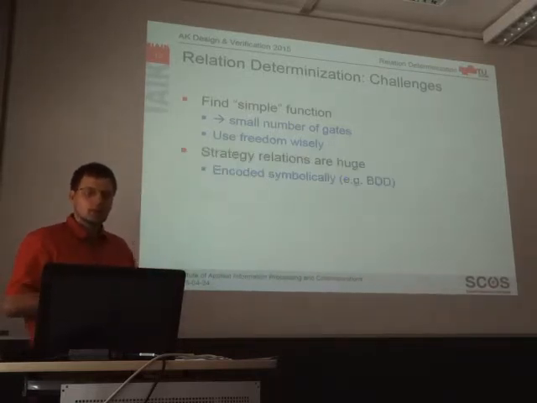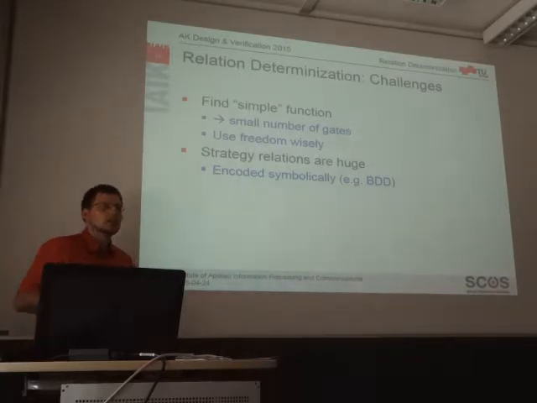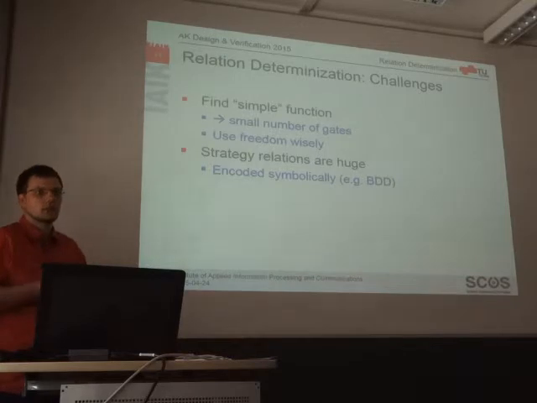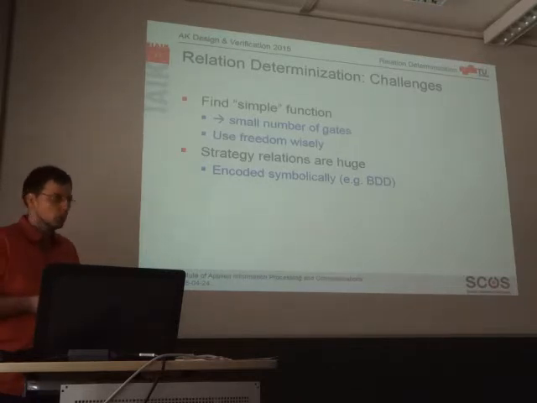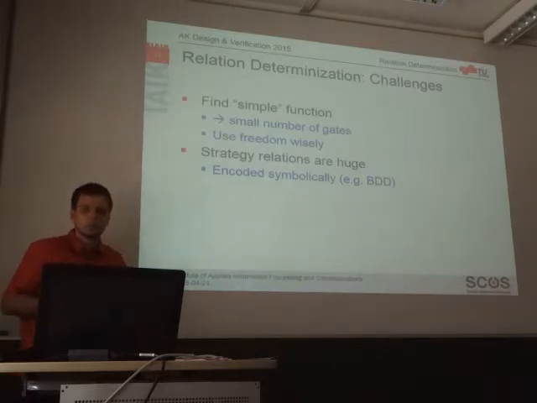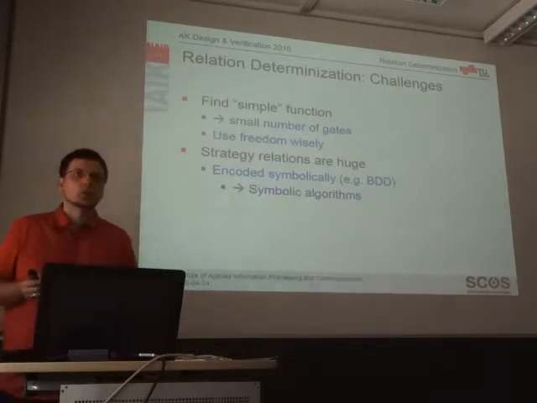The second challenge is that these strategy relations are extremely huge. You can easily think of systems with a few dozen inputs and a few dozen outputs, and if you then compute how big this table might be, you already know that this is astronomical. So we will have to work with symbolically encoded relations, which means that everything that we do, we must be able to do with symbolic algorithms.